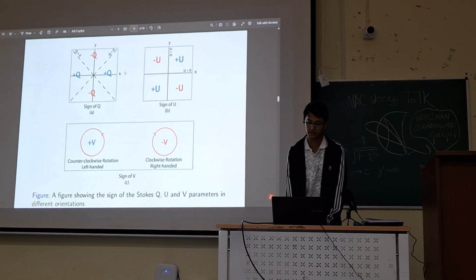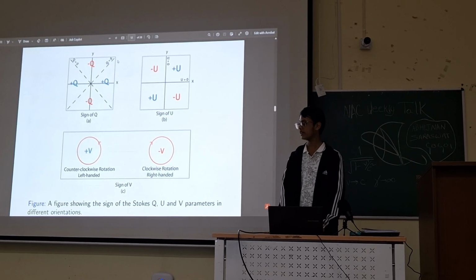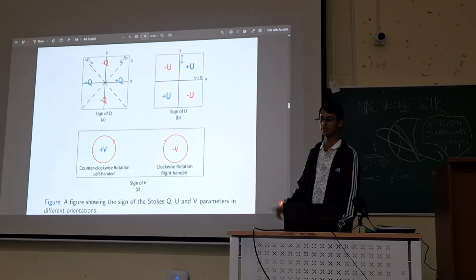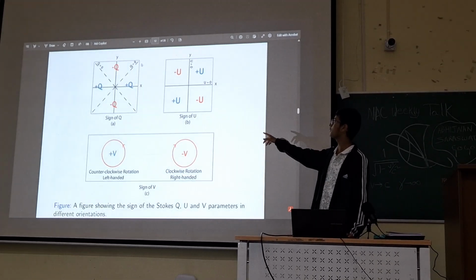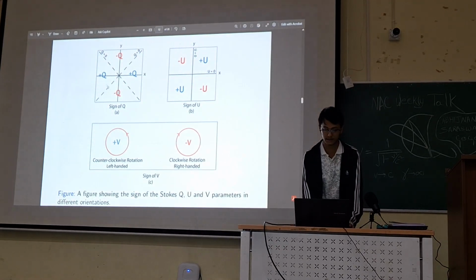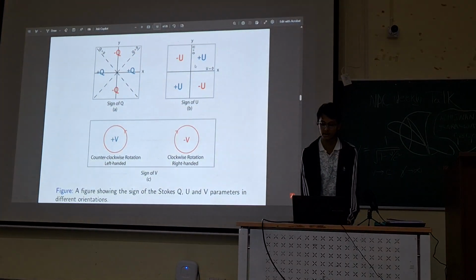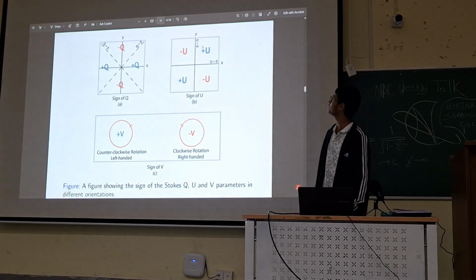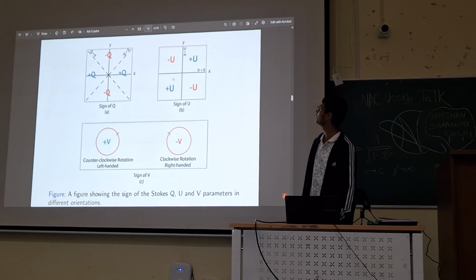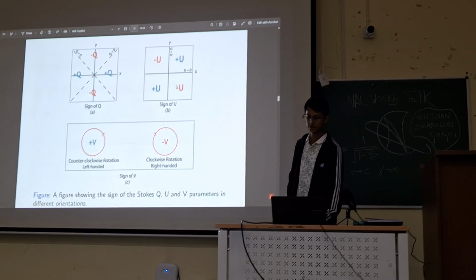Whereas when the absolute value of the x component of the electric field vector is greater than the absolute value of the y component, the Q map is positive. Similarly for the U map, in these two regions U is positive, and for the second and fourth quadrant, the U map is negative.